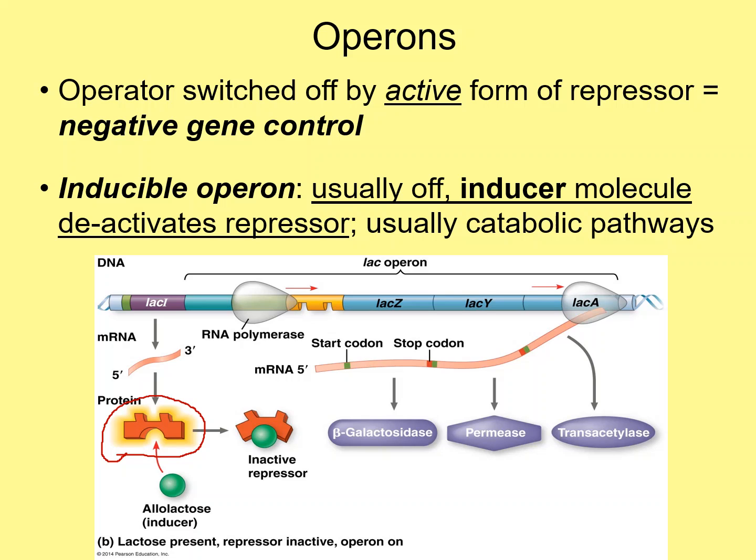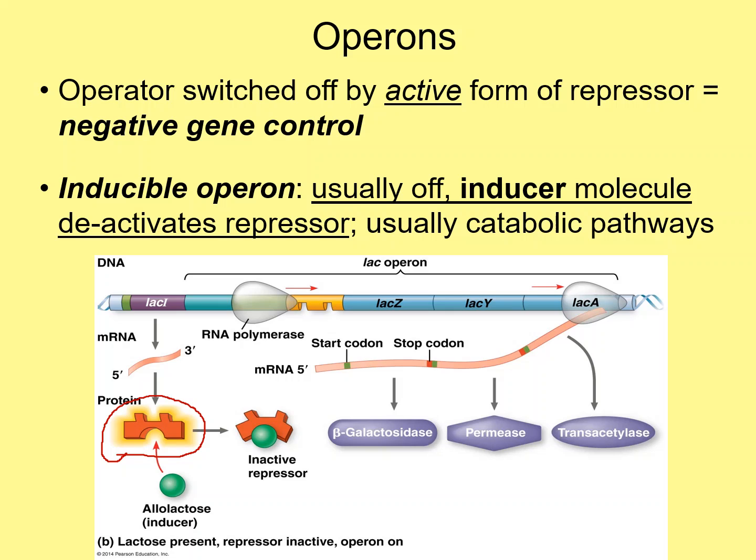And then all you have to do if you want to turn the repressor back on is remove the inducer molecule. So this is a totally reversible process. If you remove the inducer, the repressor goes back to its active form, and now it can bind to the operator again, and we can turn that inducible operon back off.